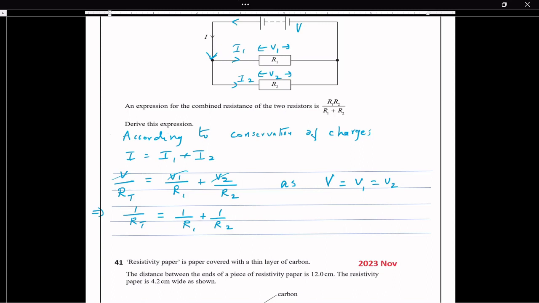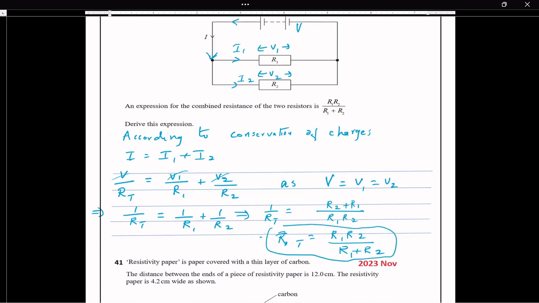Because we can cancel V1 and V2 because they are equal. So this is what we are getting. And from this, we can take the value of 1 over R1 plus 1 over R2, that is, 1 over R total equals, taking the LCM, R2 plus R1 over R1 R2. Therefore, when you are flipping it, RT is R1 R2 over R1 plus R2.